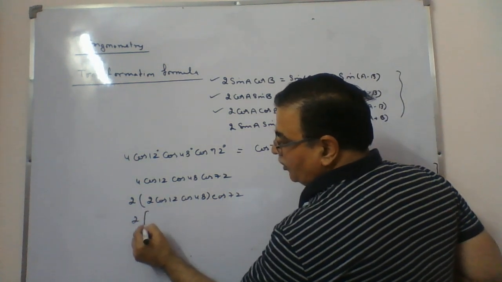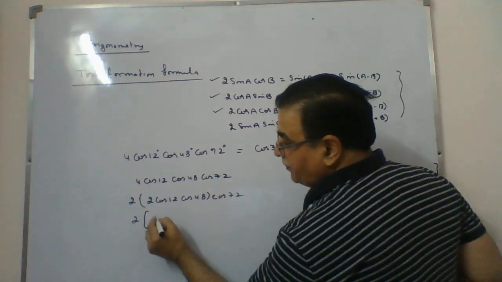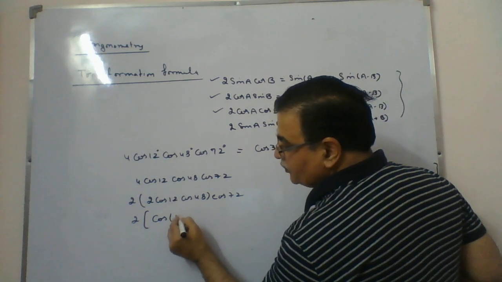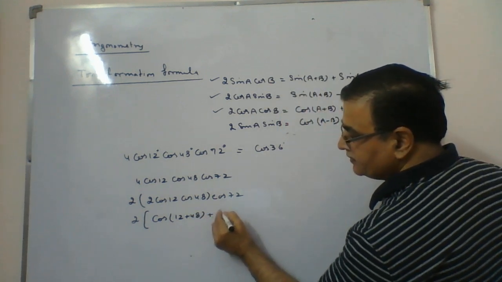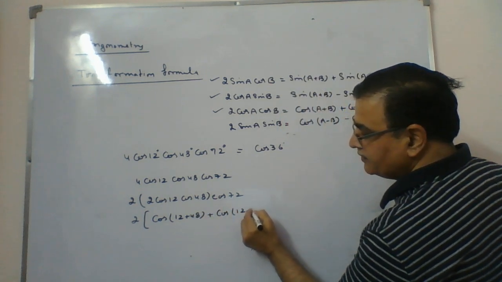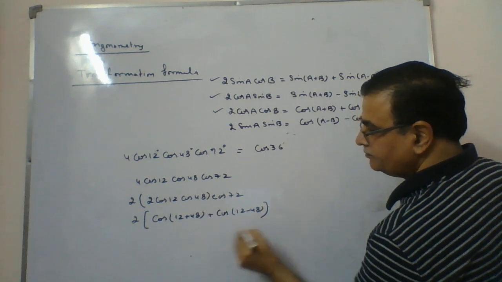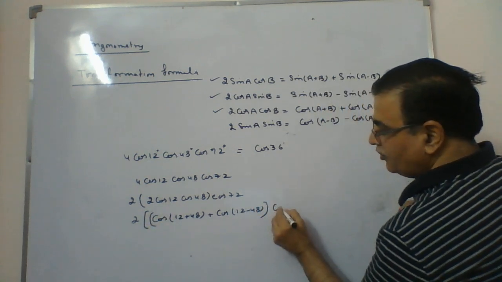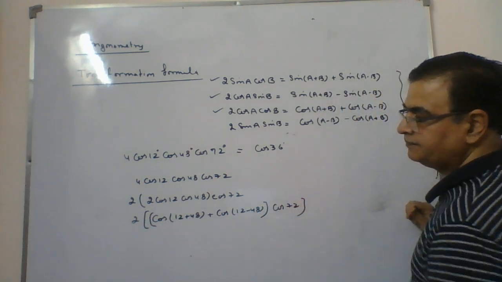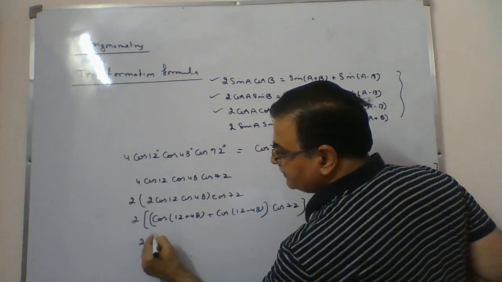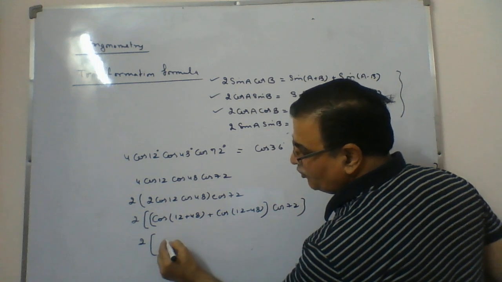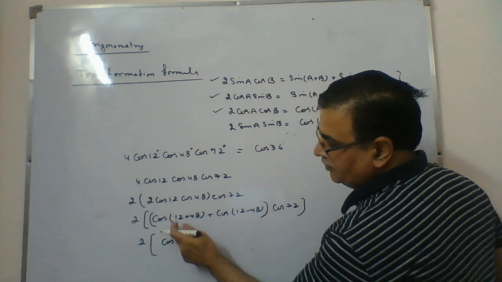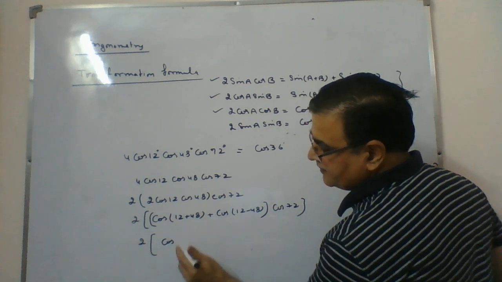2 cos A cos B formula says cos A plus B, that is 12 plus 48, plus cos A minus B, 12 minus 48, and then cos 72. Then I write this as 2. Cos 12 plus 48 comes out to be how much? Cos 60.